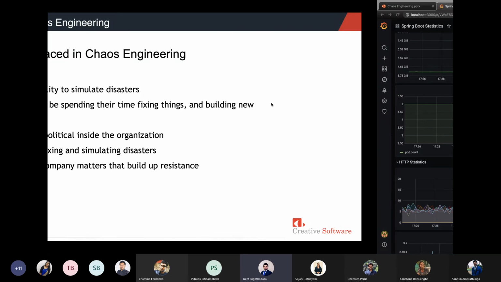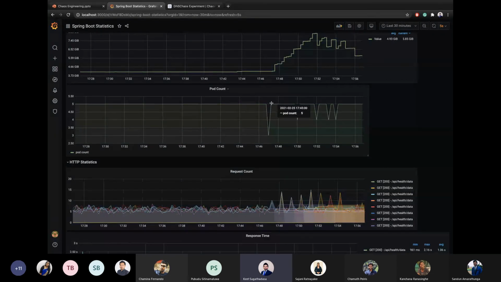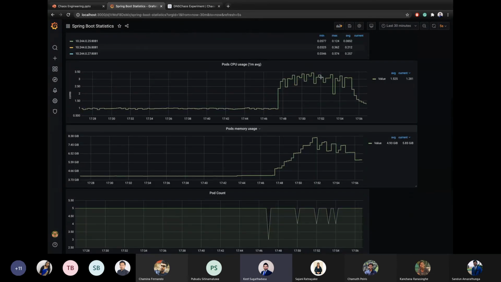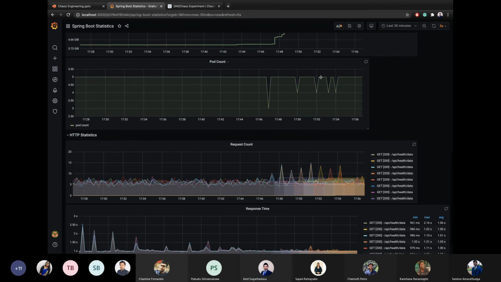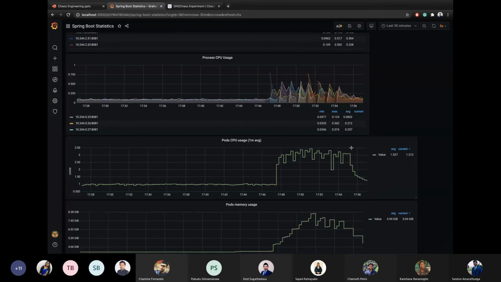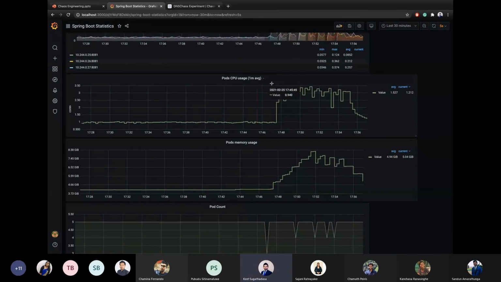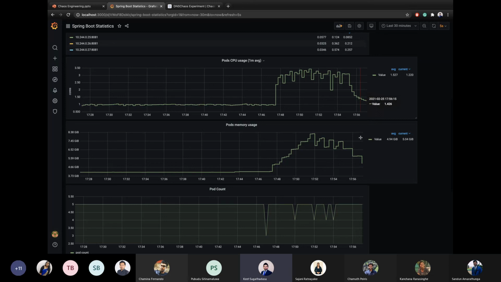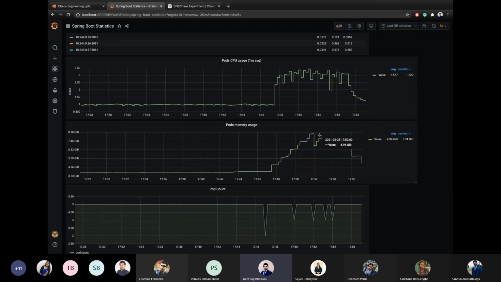But before I conclude, let me show you how the system will come back to a normal level. This might take a little bit of time, but as you can see here, the pod's CPU usage is coming down a little bit because we have stopped the pod kill experiment. And if you look at the pod's memory usage, it's coming down to a normal level, which is around 4 GB.